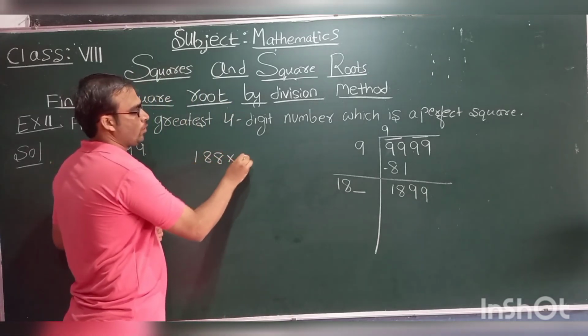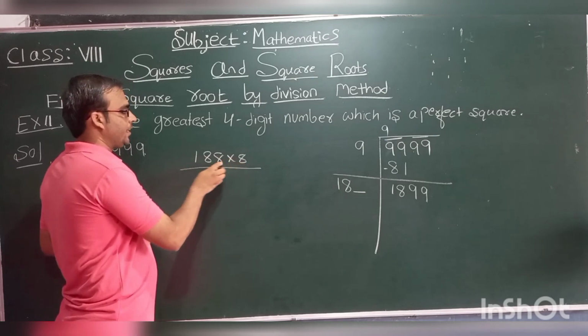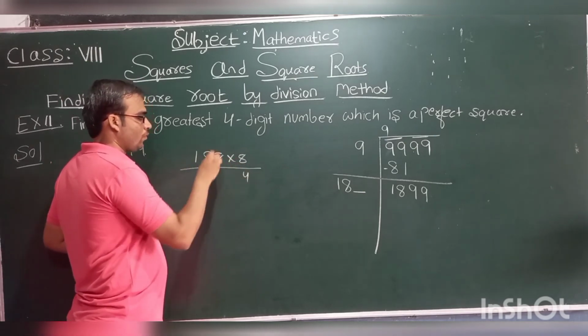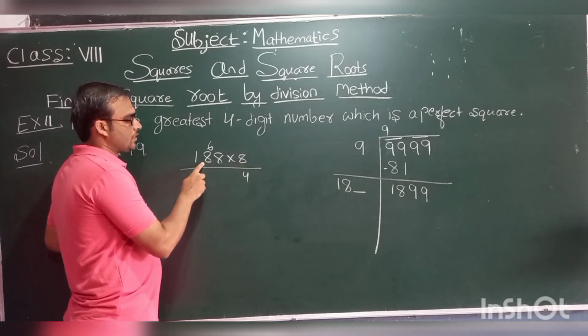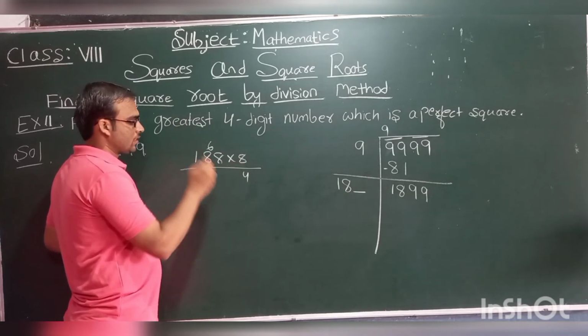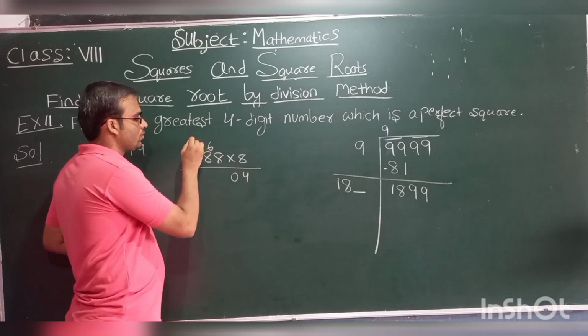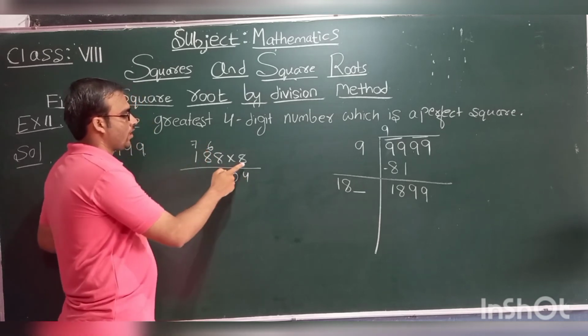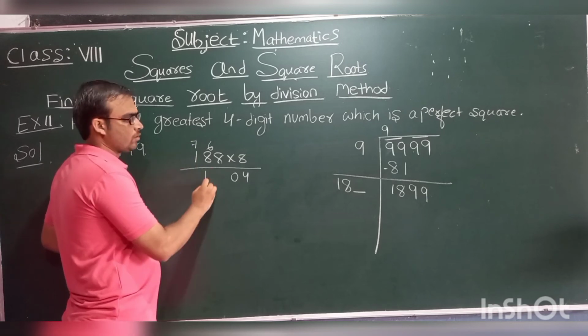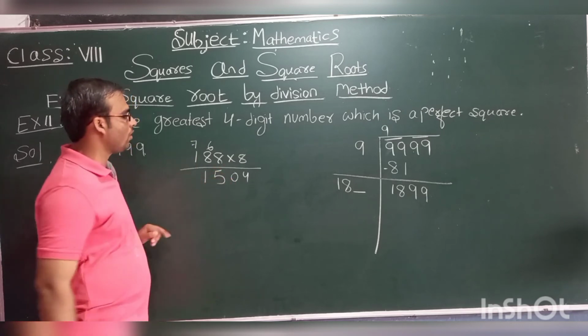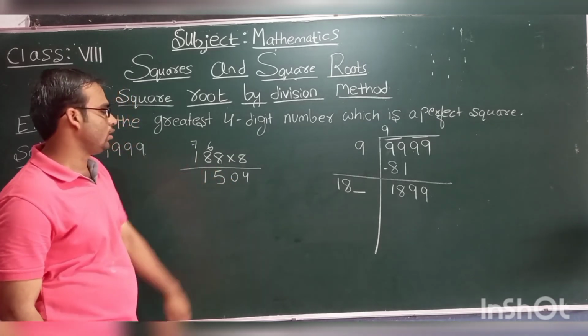Suppose 188 into 8. 8 8s are 64, 4, 6 carry. Now 8 8s are 64, 64 plus 6 is 70, so 0, 7 carry. Now 8 ones are 8, 8 plus 7 is 15. So what we have got? 1504.